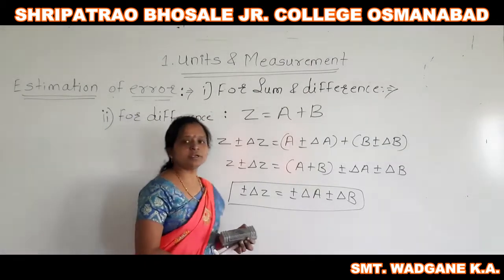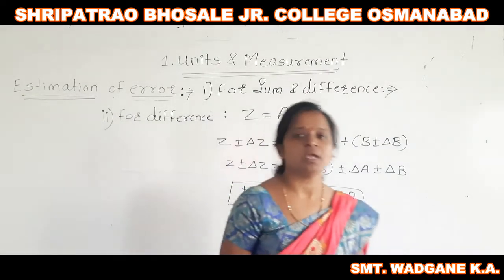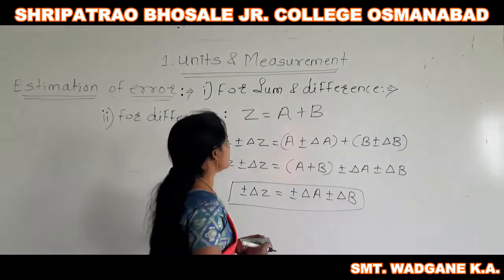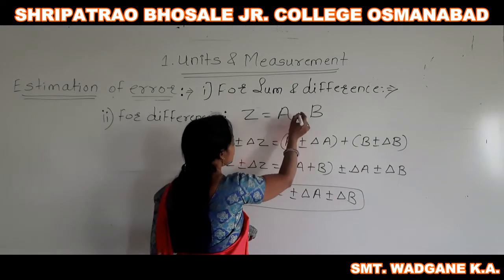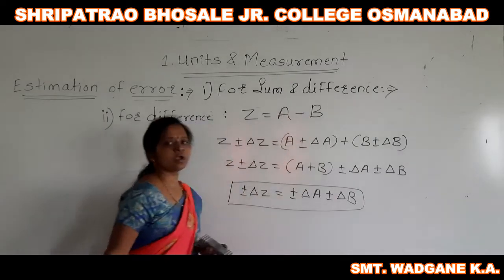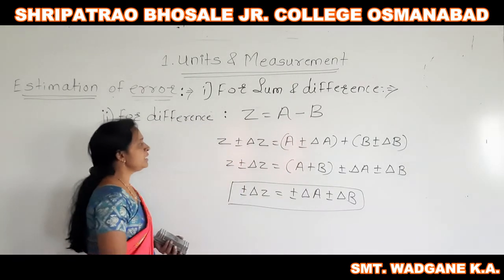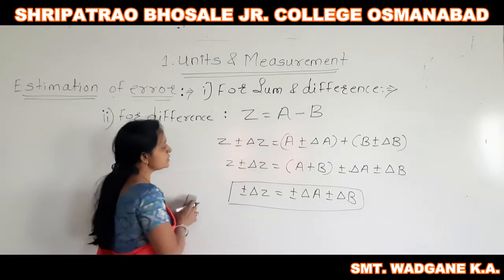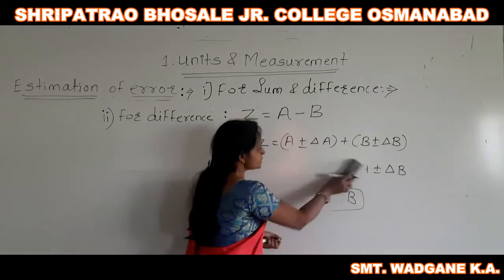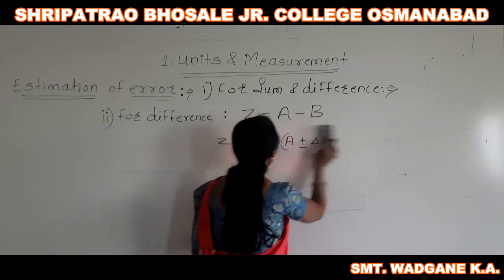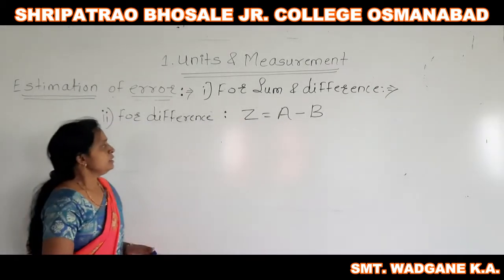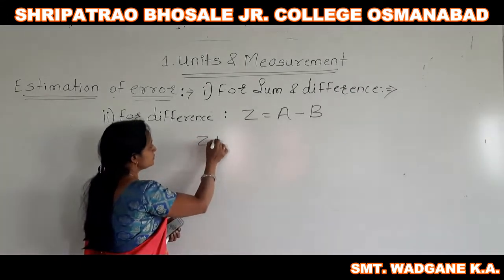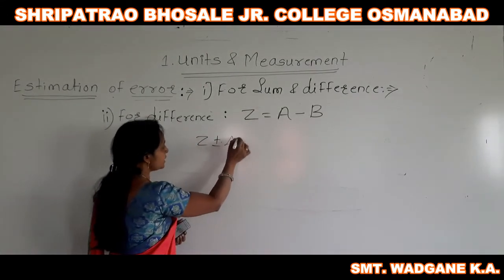Here, let us consider these two physical quantities A and B having absolute errors delta A and delta B in case of A and B. Therefore, we can write Z is equal to A minus B. Then Z plus or minus delta Z. In that case, you can write the absolute error in case of delta Z, Z plus or minus delta Z.